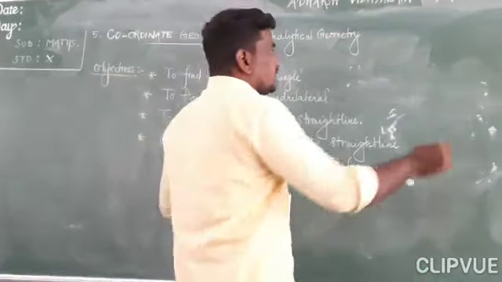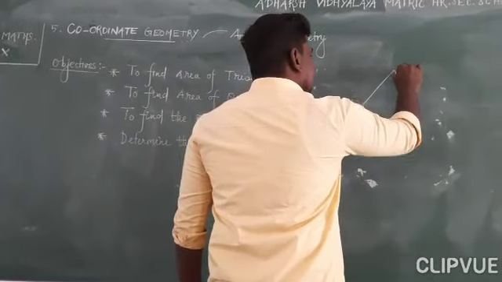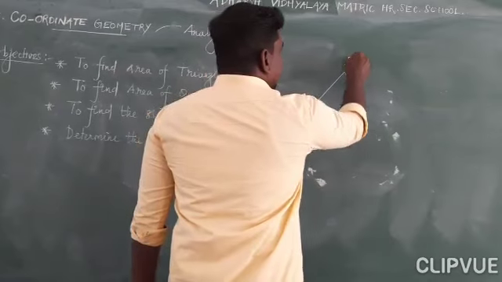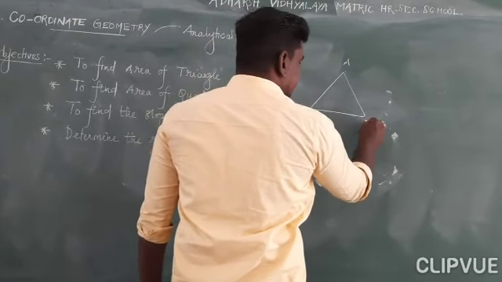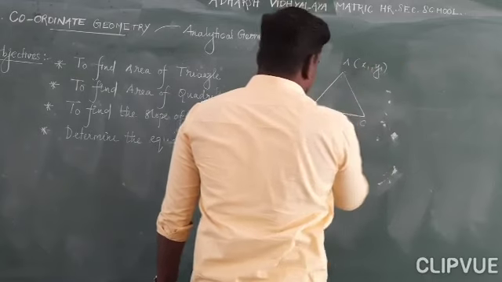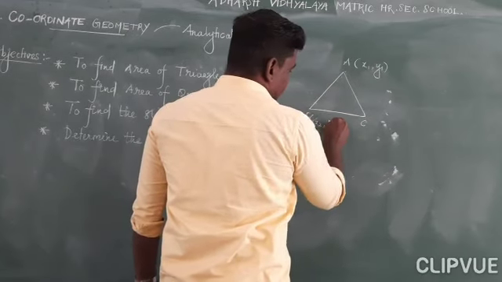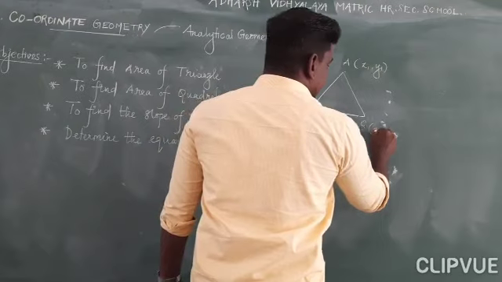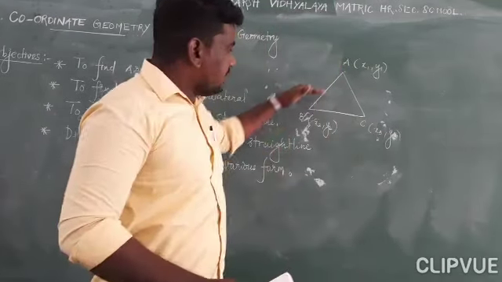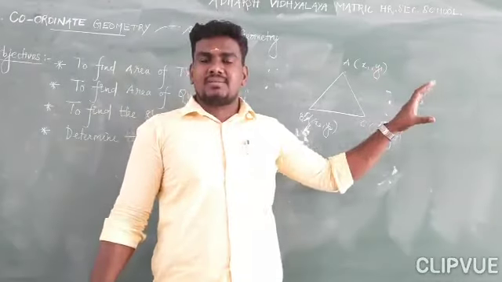For example, the vertices. Here we say vertices. This is a triangle A, B, C: x1, y1, x2, y2, and x3, y3. These A, B and C are the vertices of the triangle.